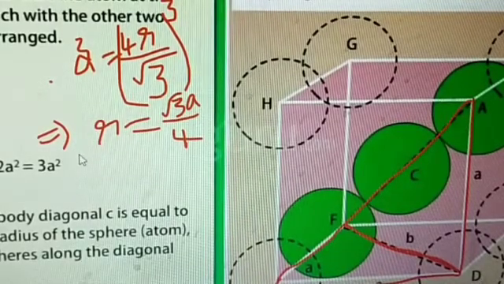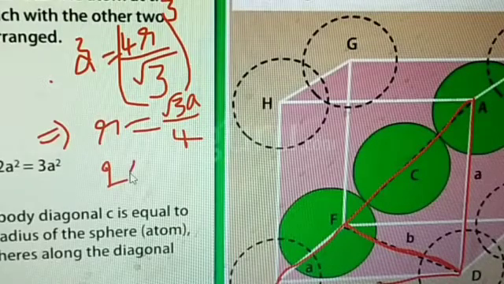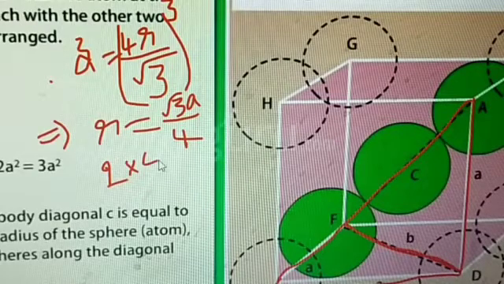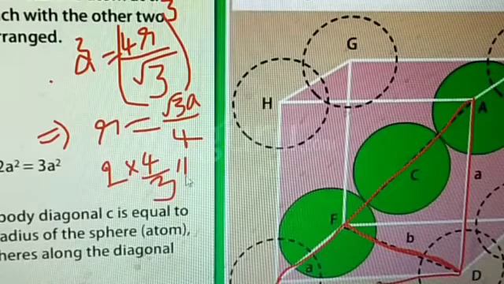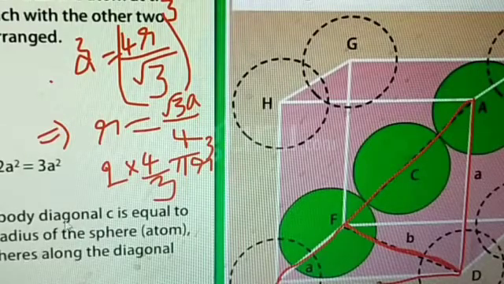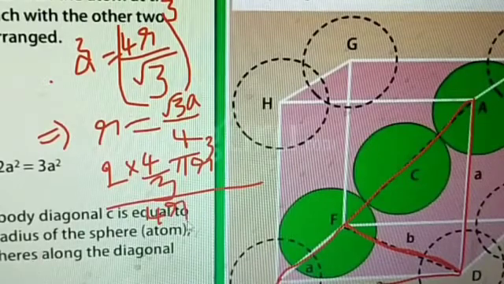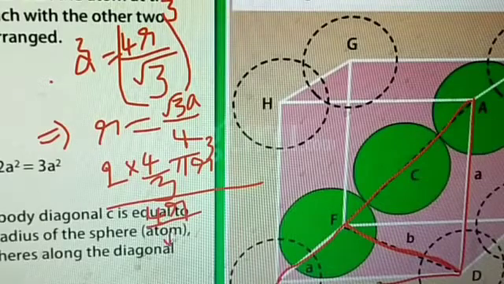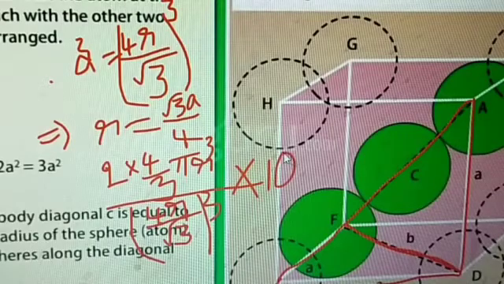Then 2 unit cells means 2 into 4 by 3 pi r cube, divided by the volume here, 4R by root 3 whole cube, into 100, since packing efficiency is a percentage.